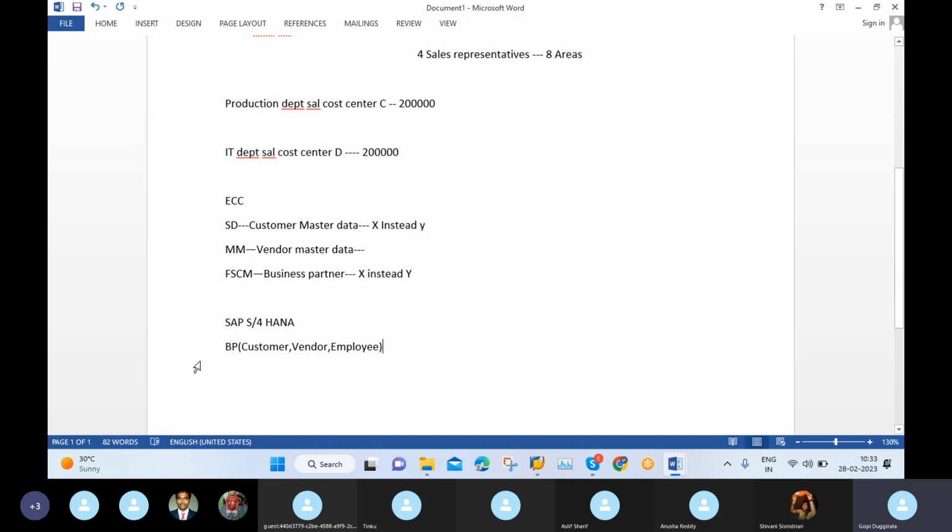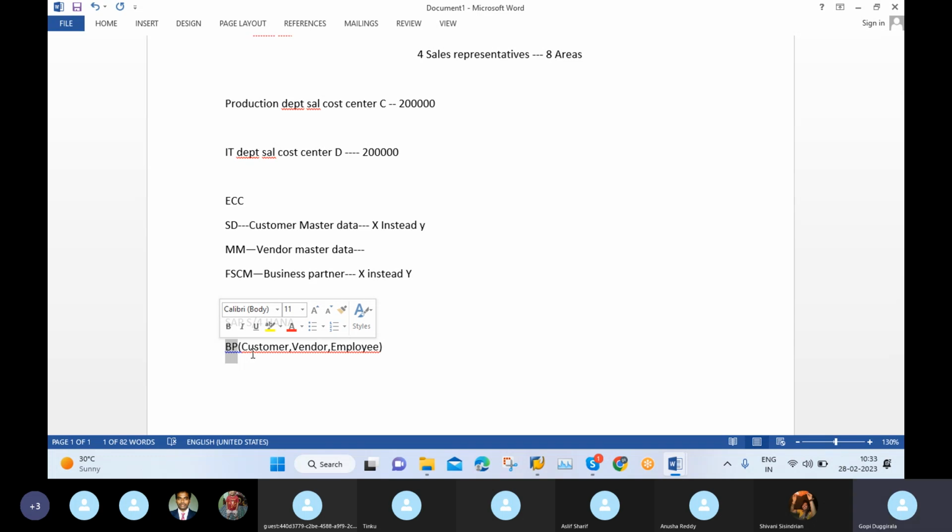It means if you want to change any one customer master data, first you can change in this area only, business partner area only. So automatically these three are interlinked, right? This is the main difference between ECC and SAP S4HANA, especially from a reconciliation point of view.